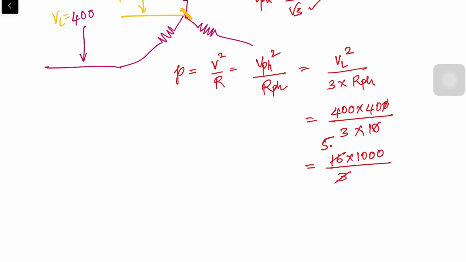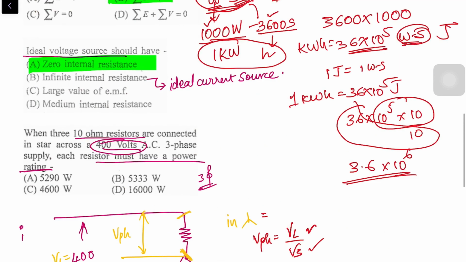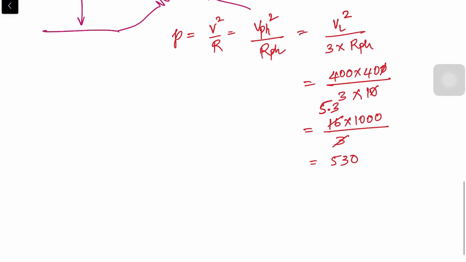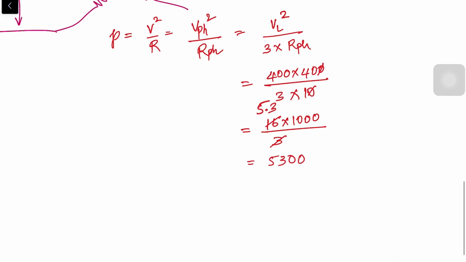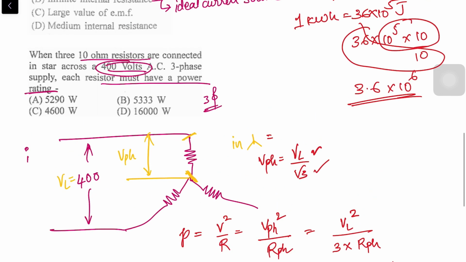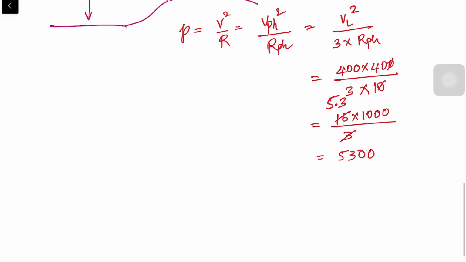There will be 5.3 approximately. So 5.3 into 1000 will be equal to 5300. So if you look at the answer which is closer to our assumption, this is closer. So option B is the right answer.